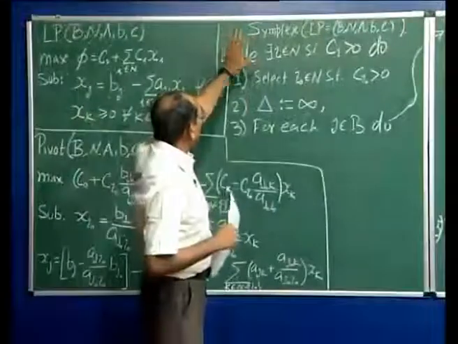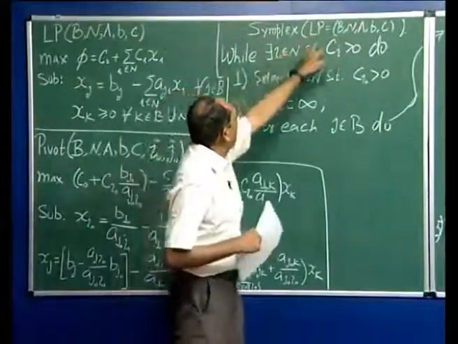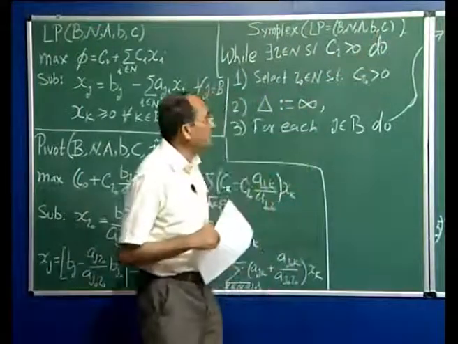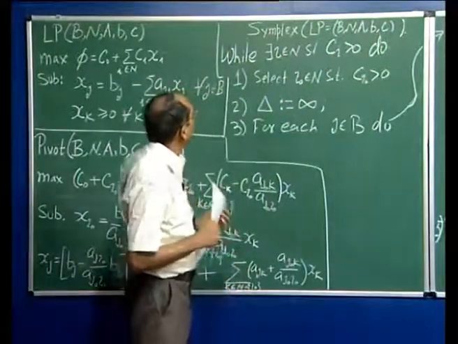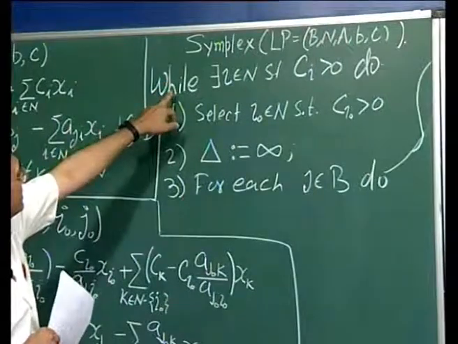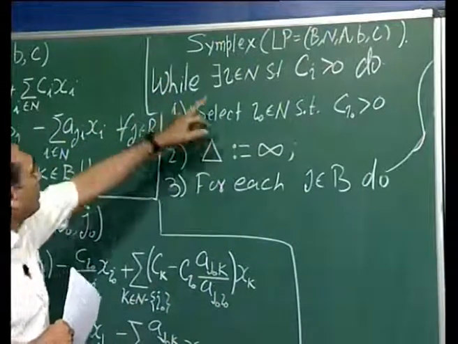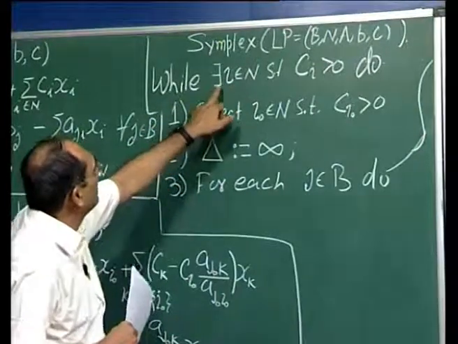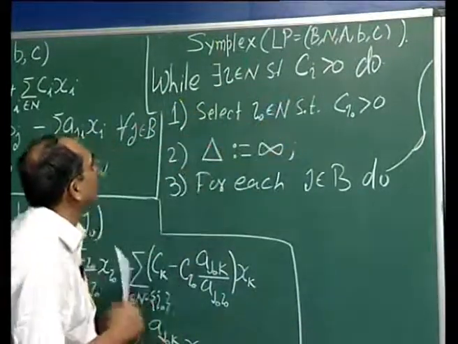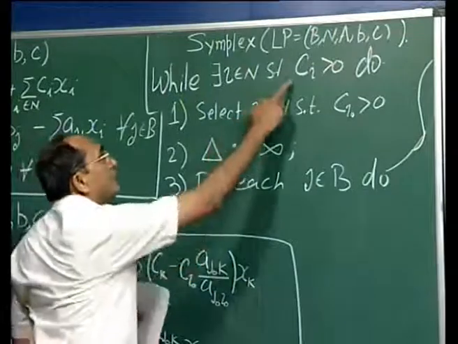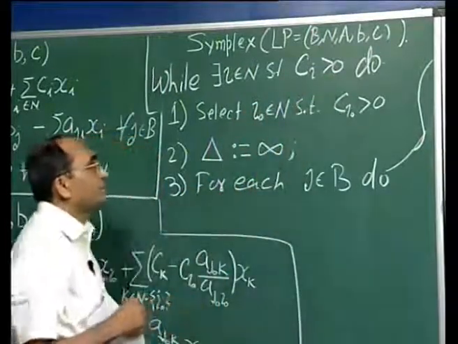Now, subject to this condition that the input linear program has a feasible basic solution, we get into this while loop. What we do is we check whether there is some Ci which is positive.